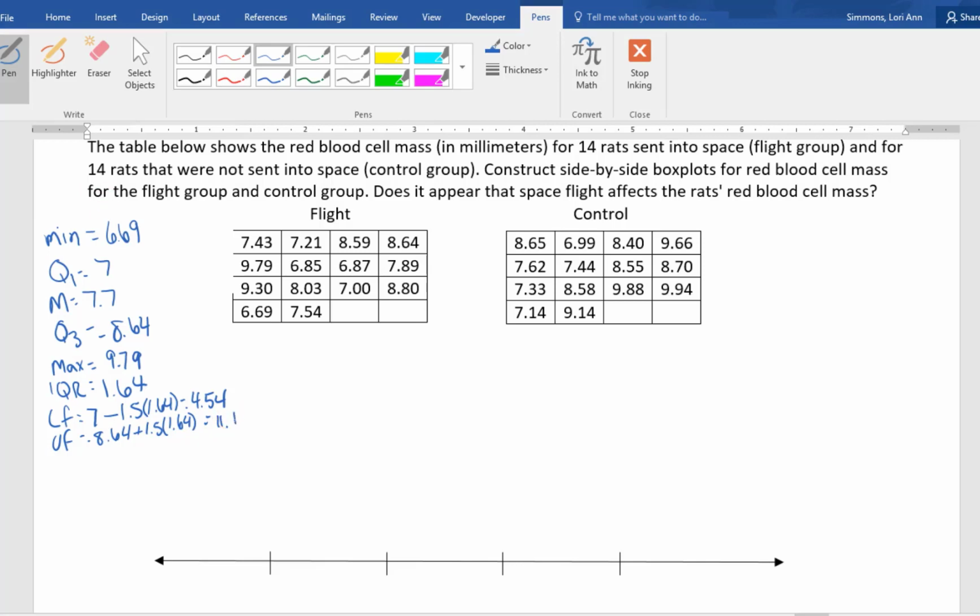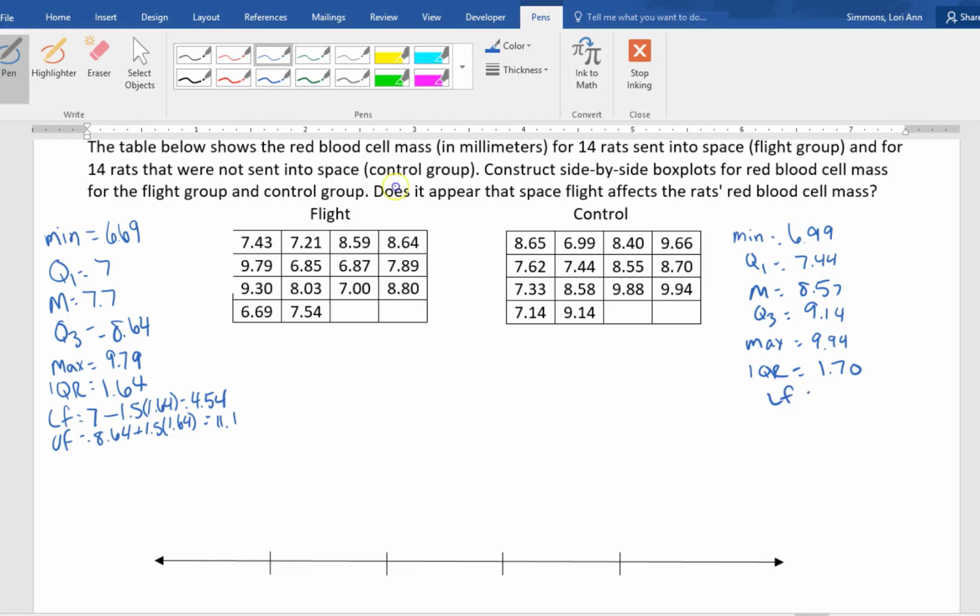And then the control, our min is 6.99, Q1 7.44, median 8.57, Q3 9.14, your max is 9.94, your IQR, Q3 minus Q1, is 1.70.